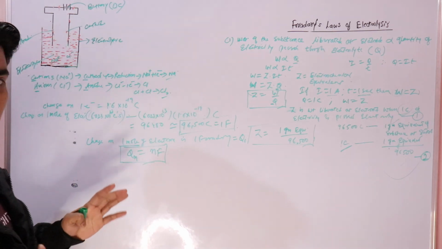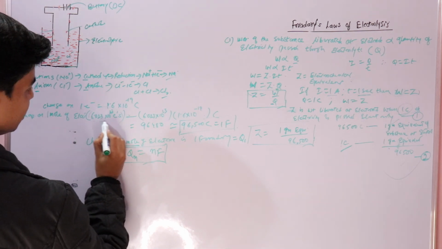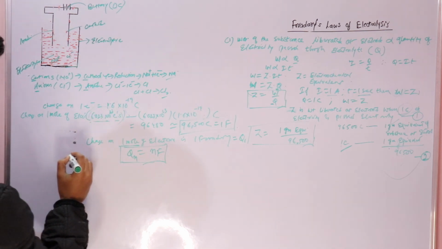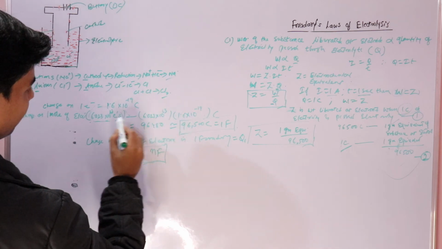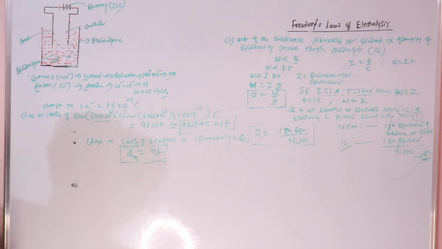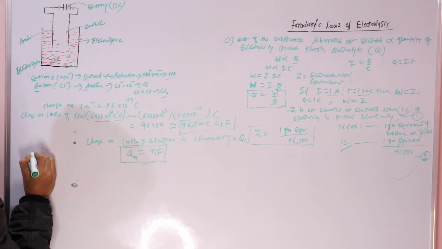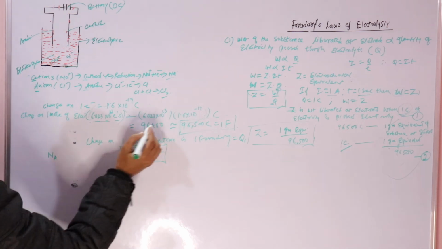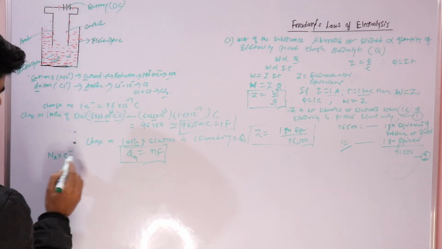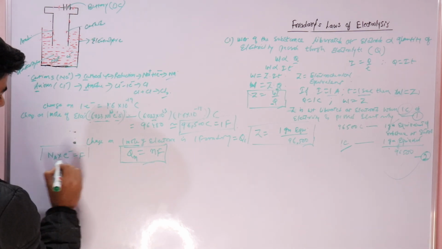We can deduce a relation between 3 constants. This is your Avogadro number, and this is your charge on 1 electron, right? So we write it as N_A, Avogadro number, into e, this is equal to Faraday, 1 Faraday.